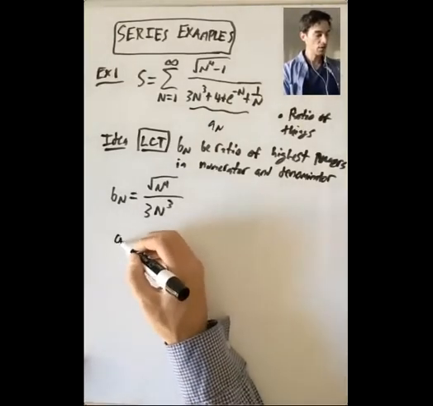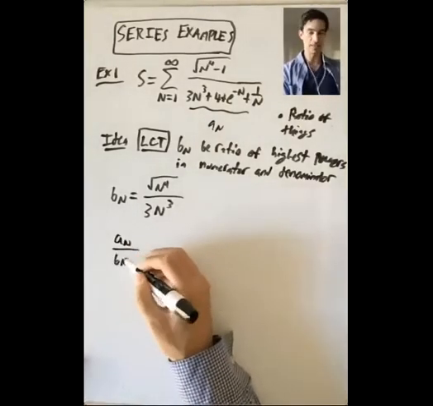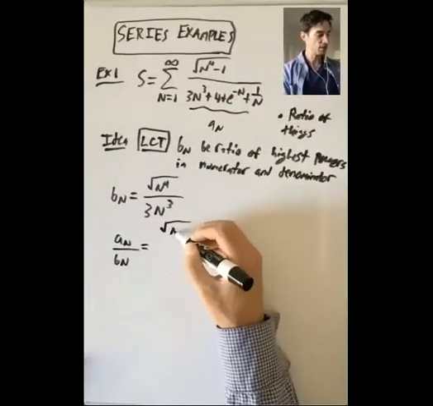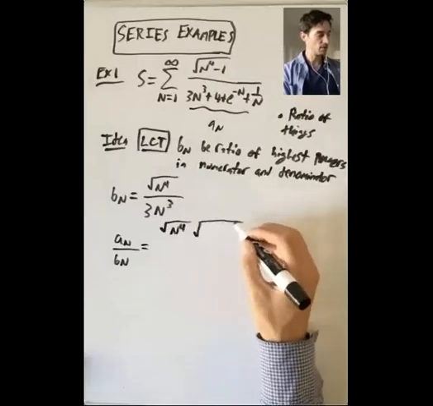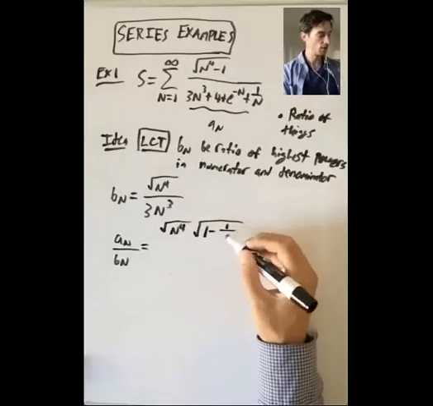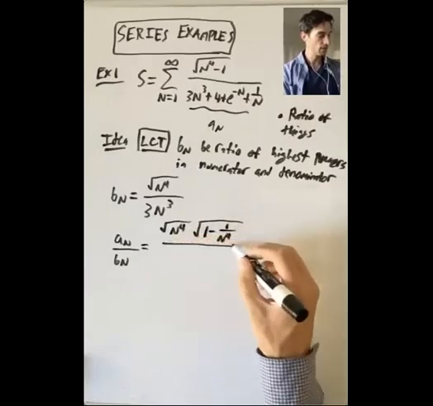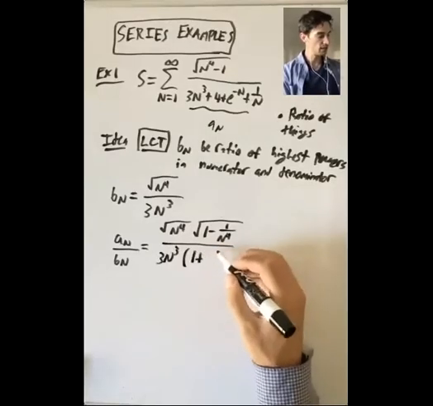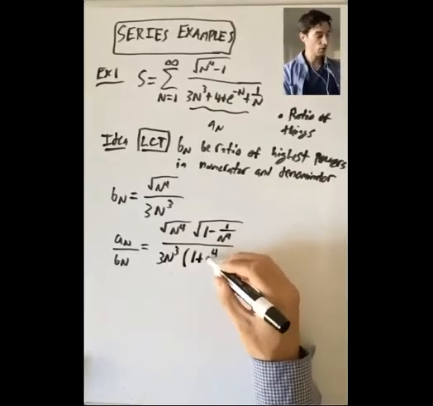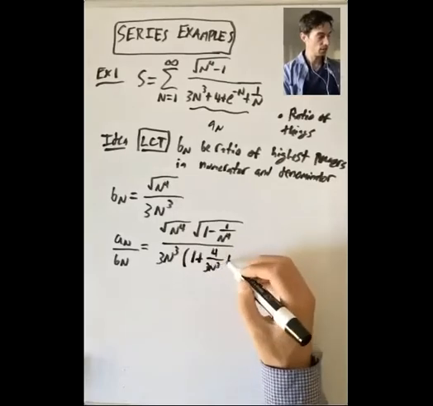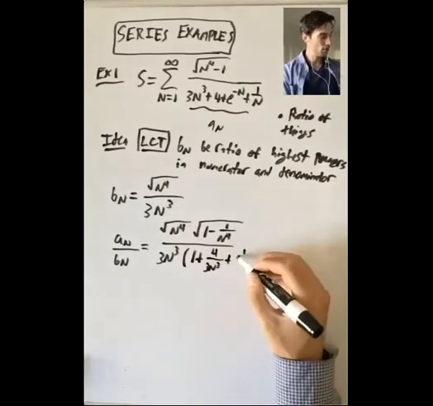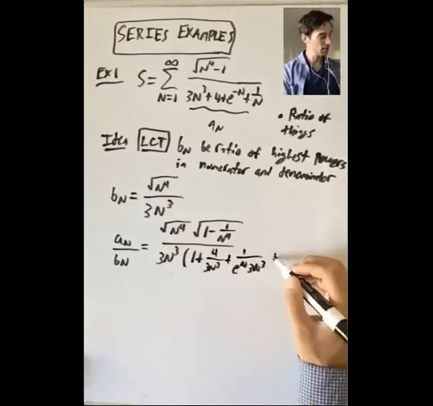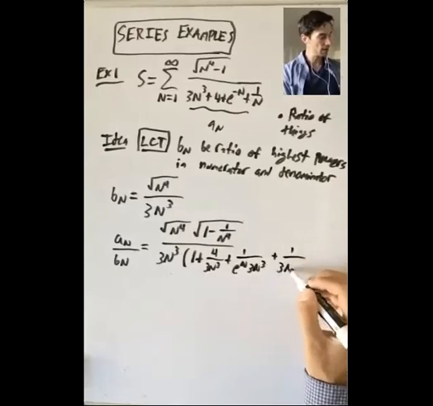Because now, the whole idea of the limit comparison test is we have to be able to say something nice about this ratio, an over bn. But an is equal to the square root of n to the fourth times the square root of 1 minus 1 over n to the fourth, divided by 3n cubed times 1 plus, and now this is going to be sort of a mess, 4 over 3n cubed plus 1 over e to the n, that's e to the minus n, and then we also have in the denominator 3n cubed, and then plus 1 over 3n to the fourth.